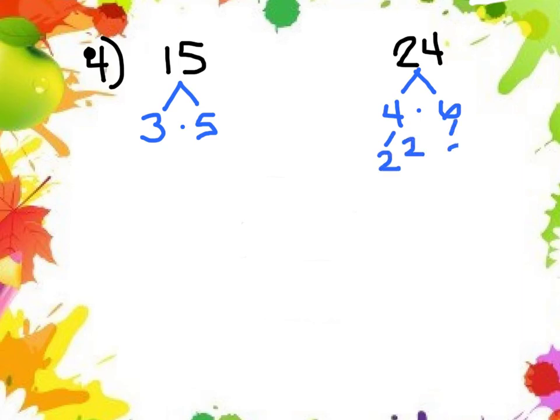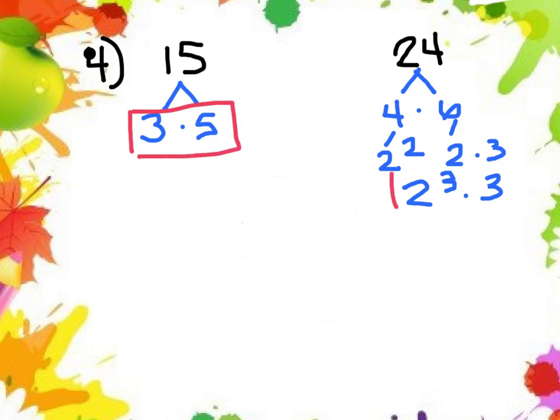If I was to get the prime factorization of 15, this will be 3 times 5, and for 24 would be 4 times 6, 2 squared, and this one would be 2 times 3. If I summarize this would be 2 to the 3rd times 3. So now we have both prime factorizations.